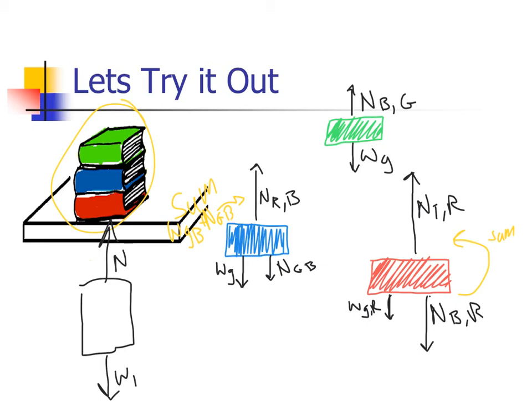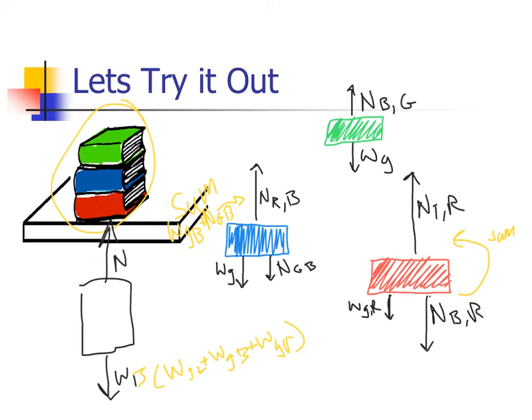So we would actually have to find the weight of the books, and that would be the sum of all the forces: the weight of gravity on the green book, the weight of gravity on the blue book, the weight of gravity on the red book. We would add all of those up to give us the weight of all the books stacked.